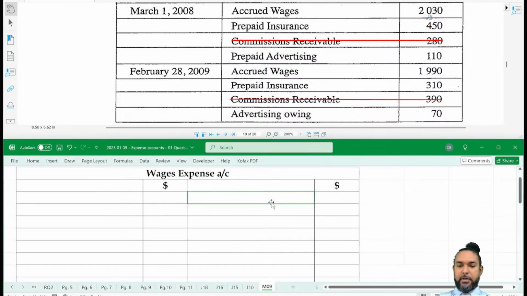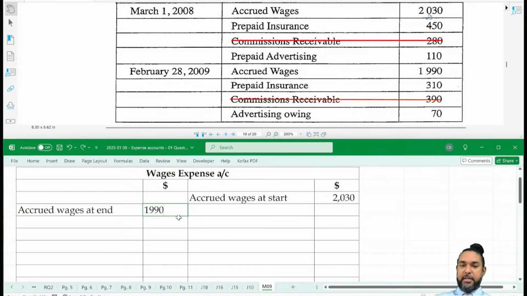So we're gonna put accrued wages at start, or you can just put balance brought down. And then we have accrued wages at end. Now that's going to be brought down here in the next period. But before it can be brought down on the credit side, it has to be carried down from the debit side. Or you could just put accrued wages carried down or balance carried down.